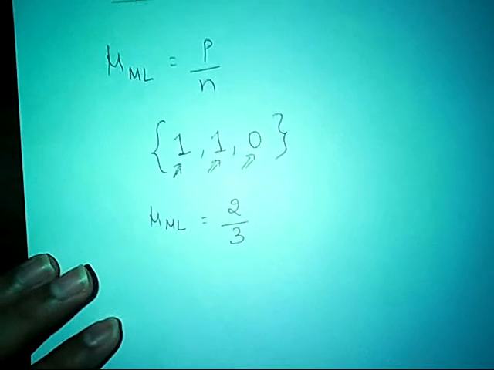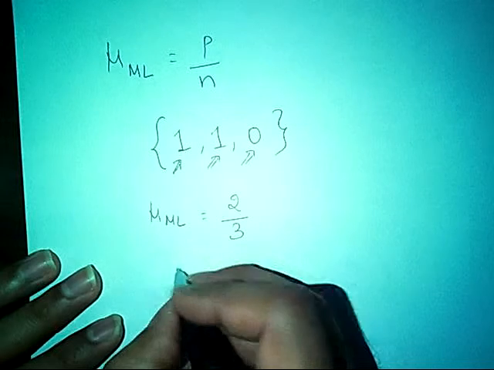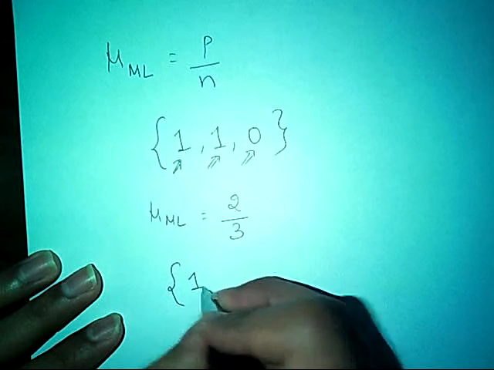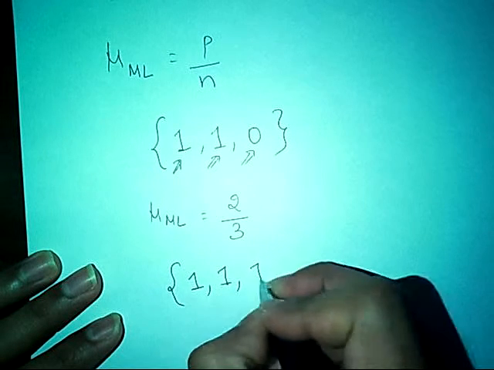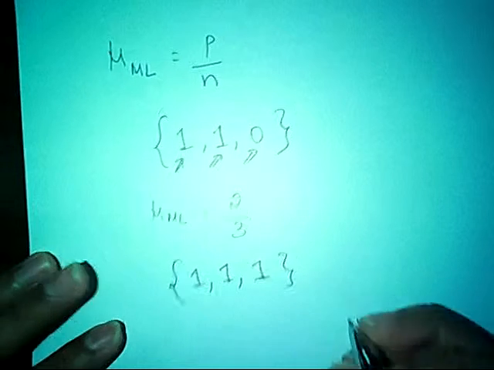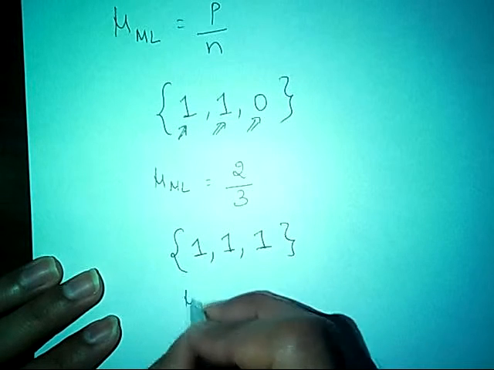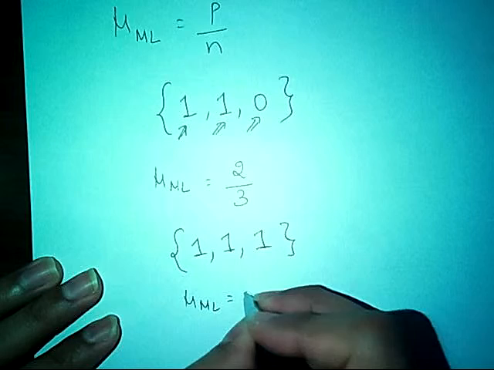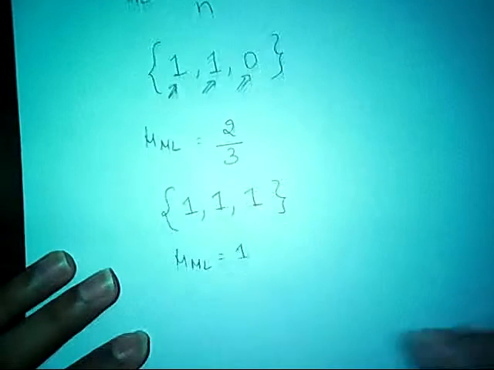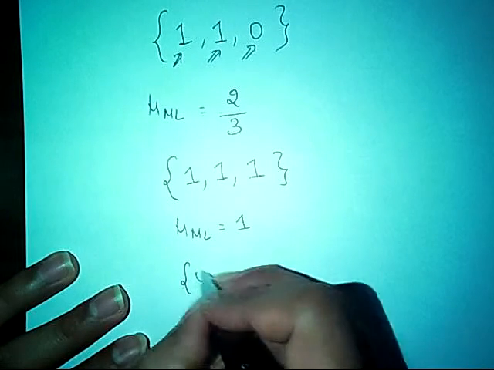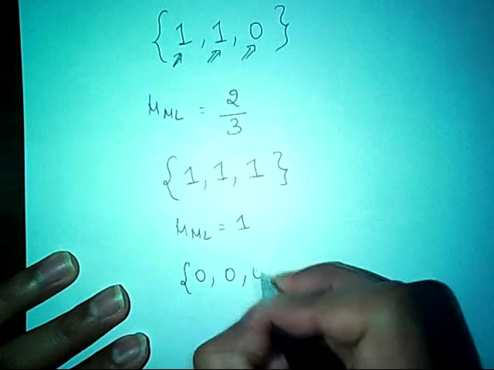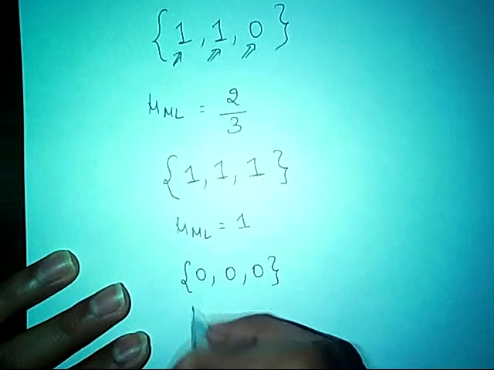This seems logical, but what about 1, 1 and 1? In this case, I am going to get a mu ML of 1. And what if I had obtained 0, 0 and 0?